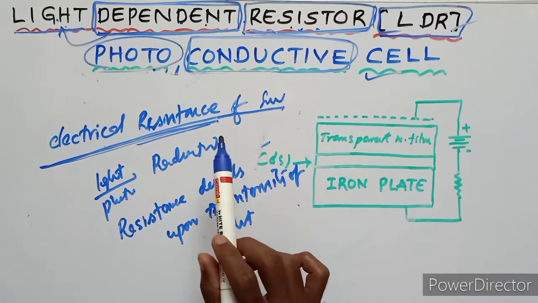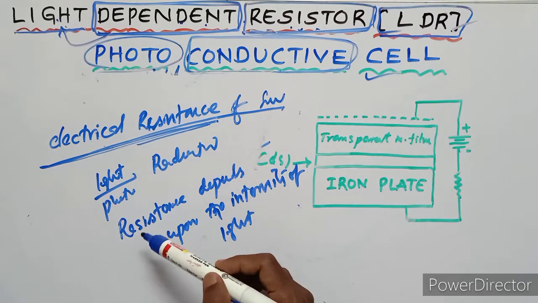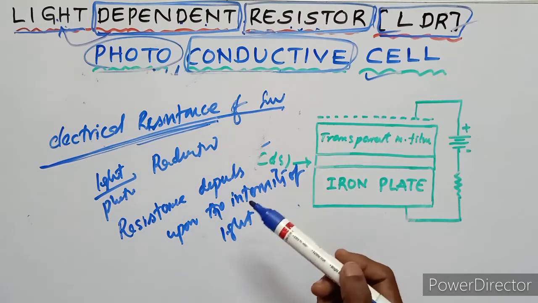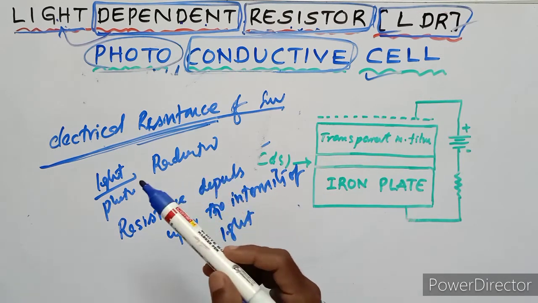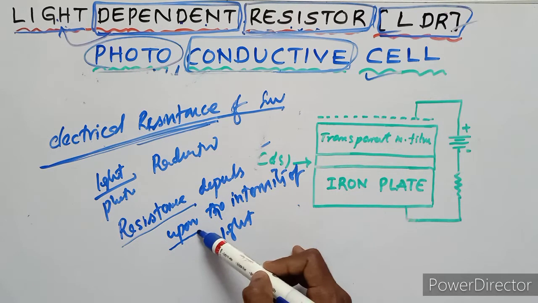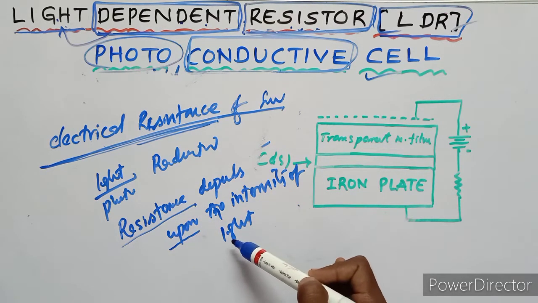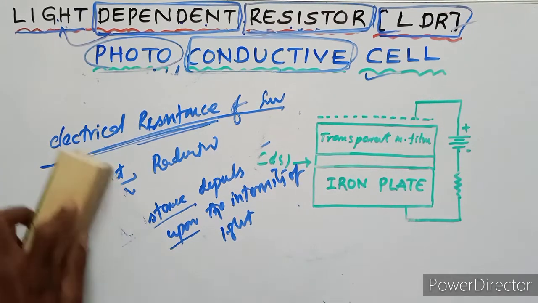That is the principle. What is the principle? The electrical resistance of semiconductor material decreases when exposed to light radiation. The rapid decrease in the resistance depends on the intensity or color of the incident light. This is the principle.